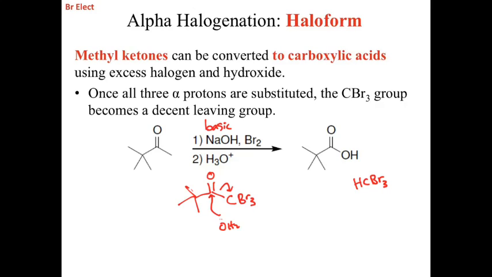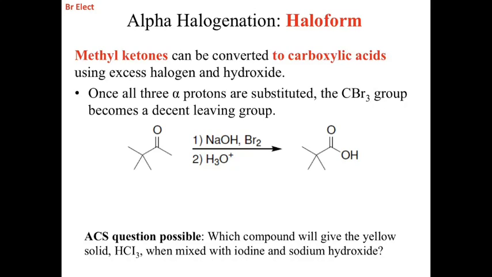Where it's more important is that if we did this with iodine, what we've got is what's known as the iodoform test. So in general, if we use any halogen, it's the haloform, but the iodoform is a little bit more crucial. And this is something that does typically show up on the ACS test. They may not give you all this information, but they will ask about, to some extent, a yellow solid. This yellow solid is the iodoform product.